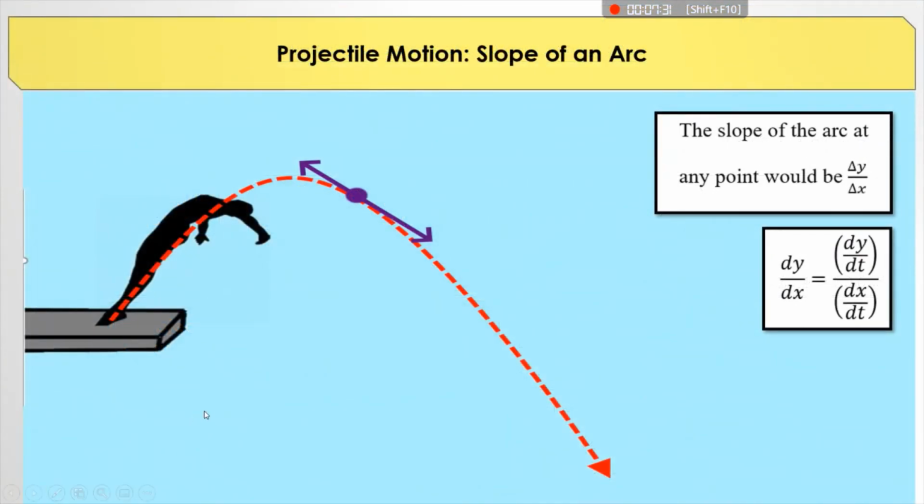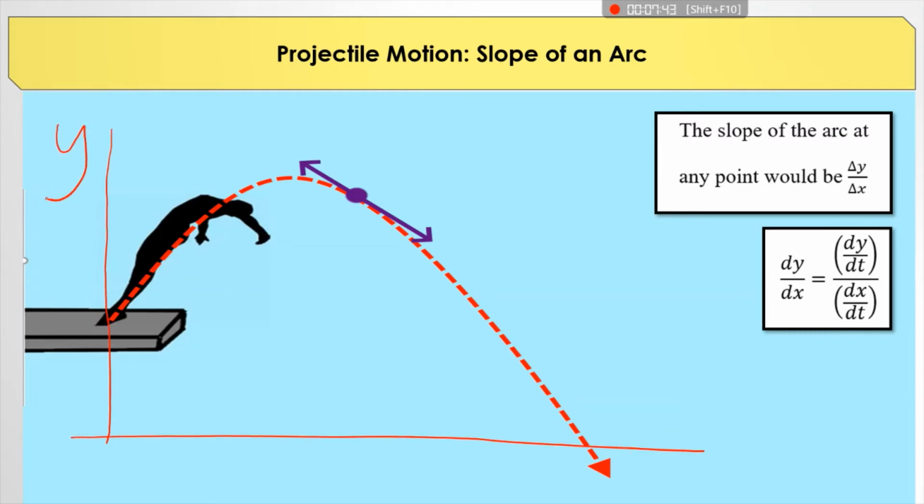Okay, if I want to find the slope of an arc, that's the slope of our graph, if I was going to graph this, height at any distance away from the diving board in meters.